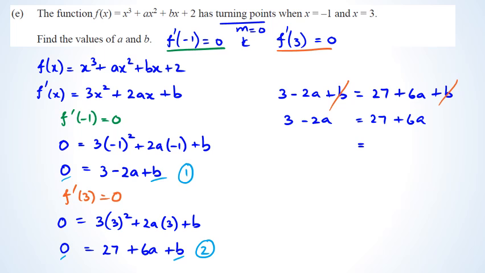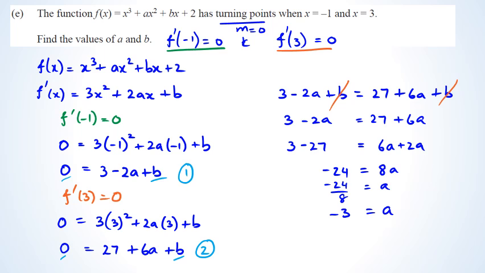Rearranging this, I get 3 minus 27 equals 6a plus 2a. So I've got 8a equals -24, and then a equals -24 divided by 8, which means a is equal to -3.